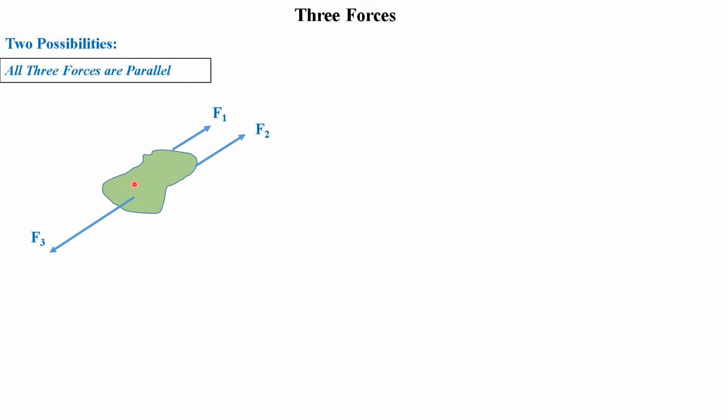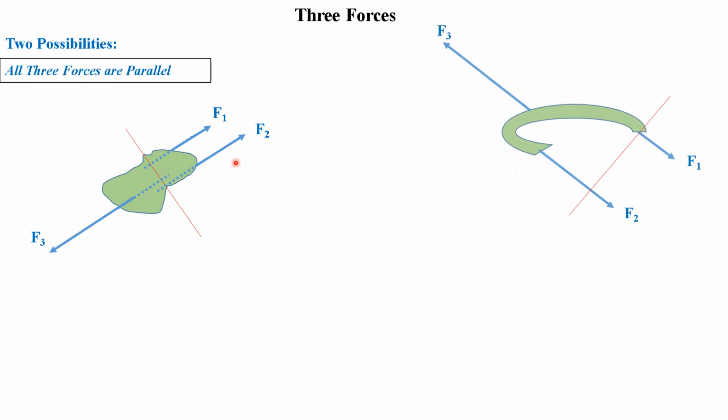If I draw a line which is perpendicular to all of them, or to the extension of all of them, then all of them are perpendicular to this line. Obviously here, if for example F2 is higher than F1, then F3 has to be closer to F2. This can be taken also as a fact.